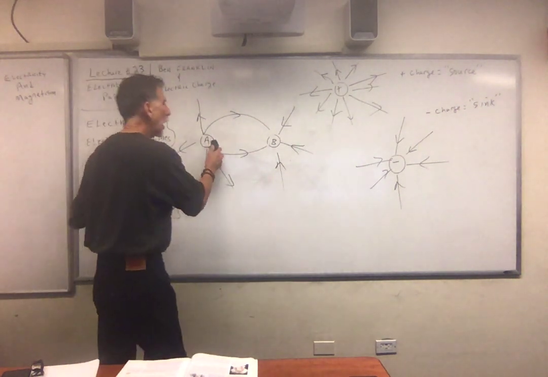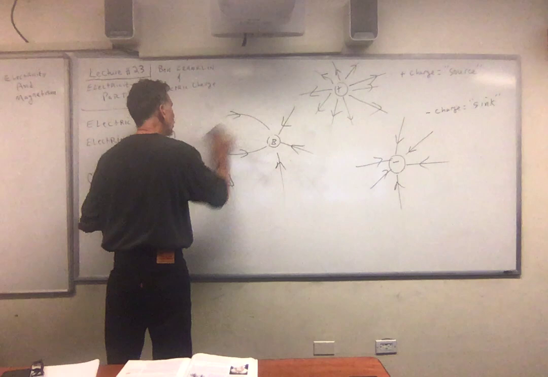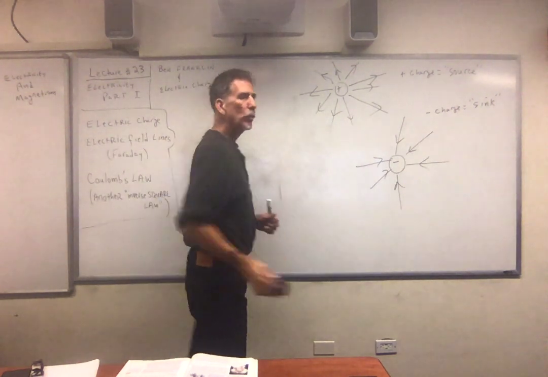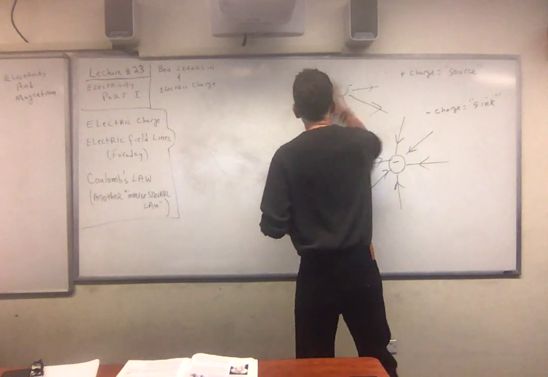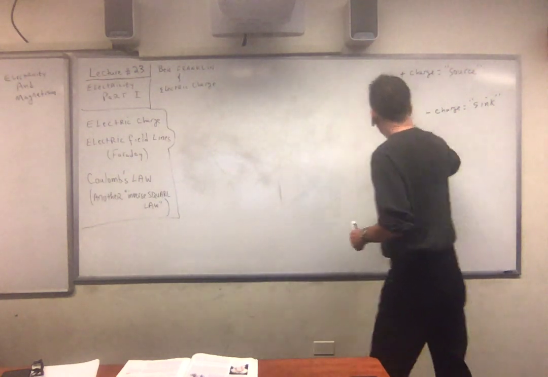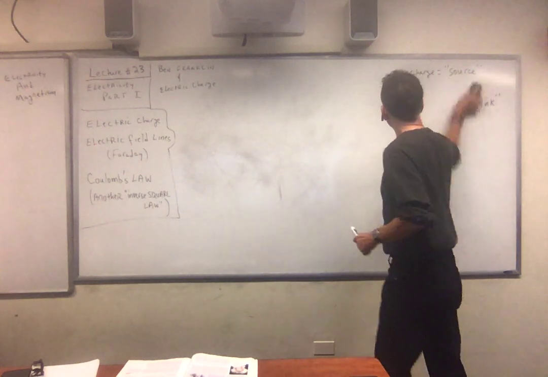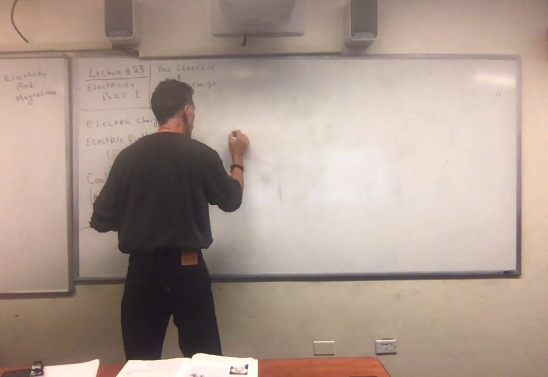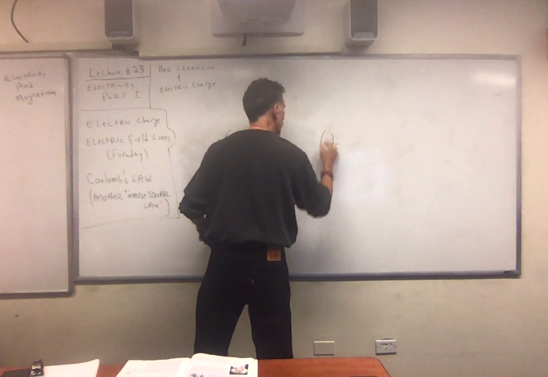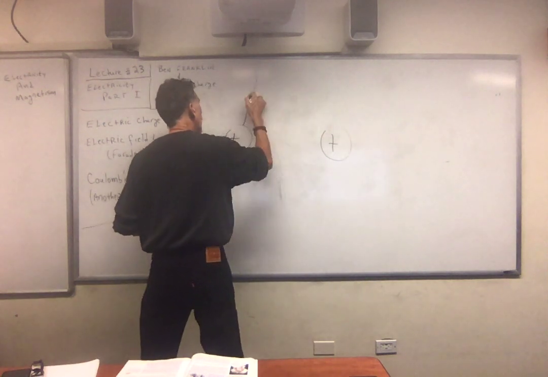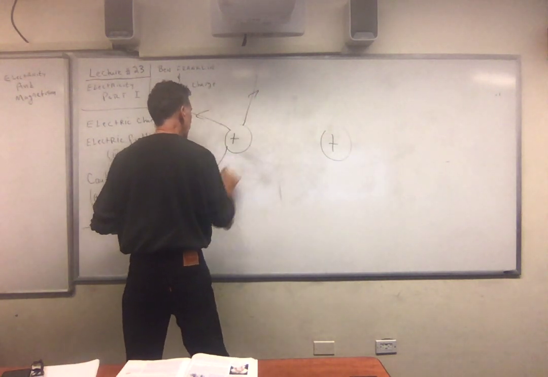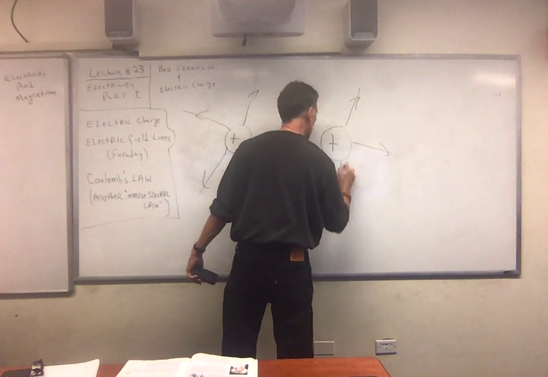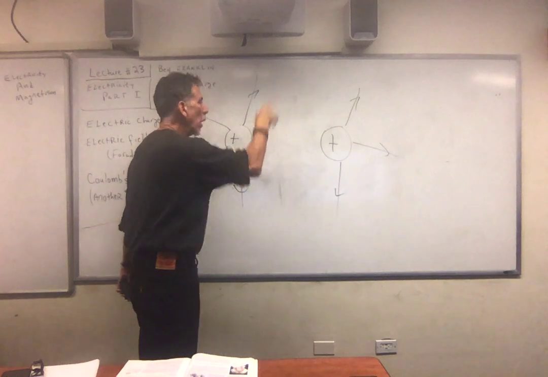All right, so that's a positive and a negative. Let's do two positive charges. Well, once again, there's an old axiom that says opposites attract while the same charges repel. So if I draw a positive charge and a positive charge, once again, the lines come out, right? They're sources. Now, remember, the lines want to go to infinity.